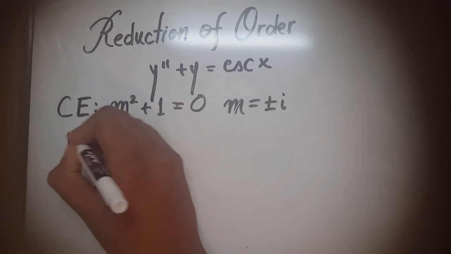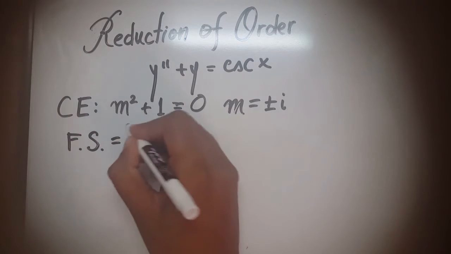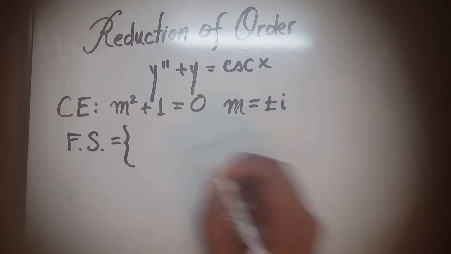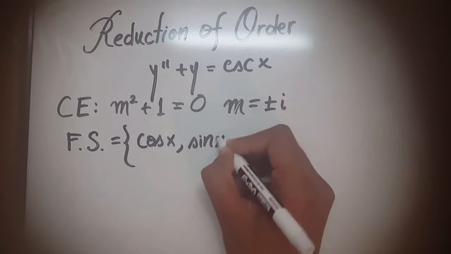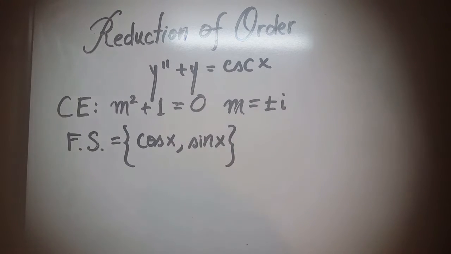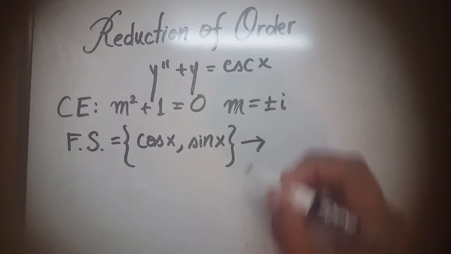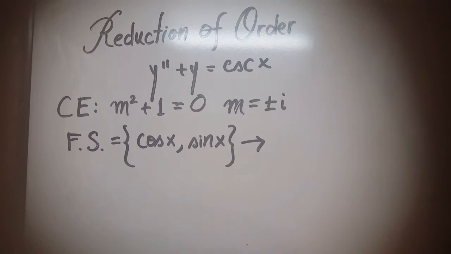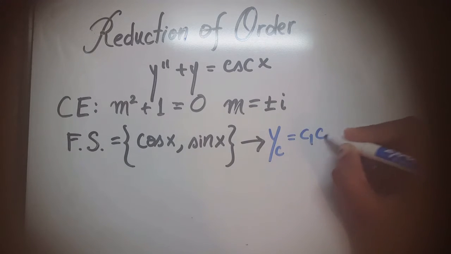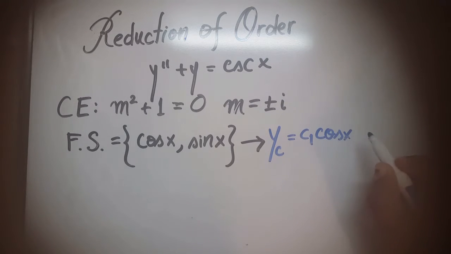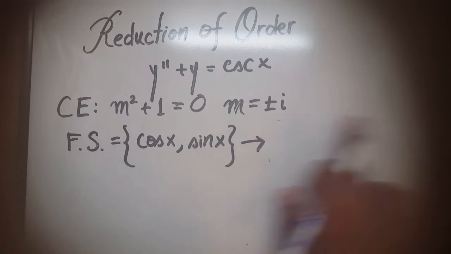Now we can write our fundamental solution set, which would be cosine of x and sine of x. After that we are finally ready to write our y sub c, and that would be c sub 1 times cosine of x plus c sub 2 times sine of x.